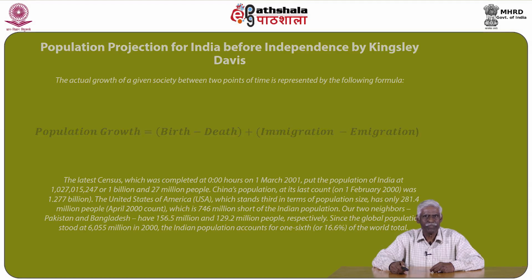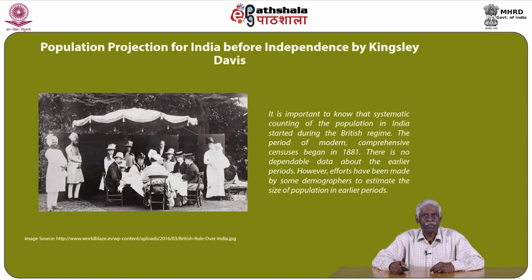It is important to know that systematic counting of the population in India started during the British regime. The period of modern comprehensive census began as early as 1881. There is no dependable data about the earlier periods. Efforts have been made by some demographers to estimate the size of the population in earlier periods.